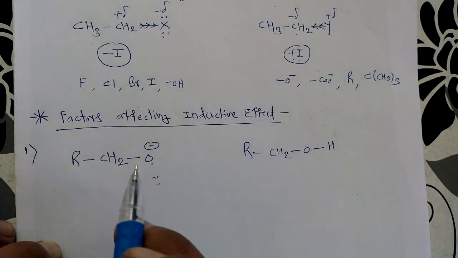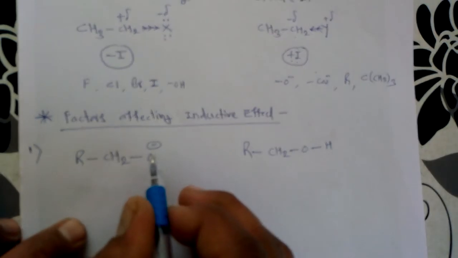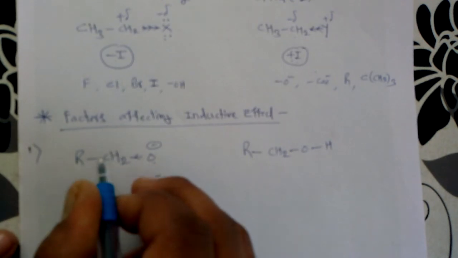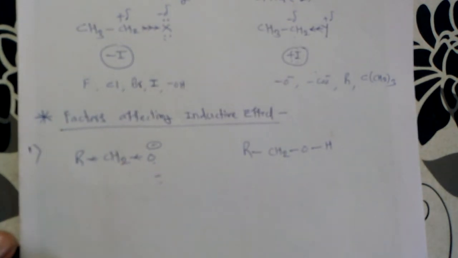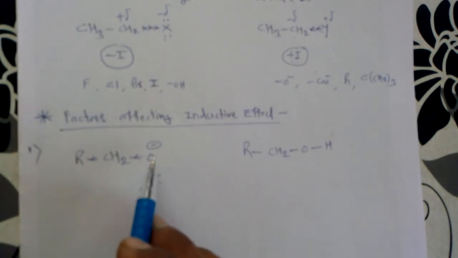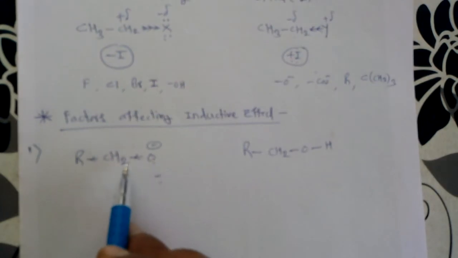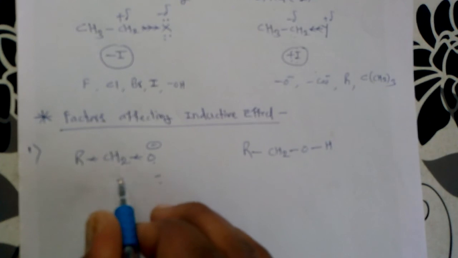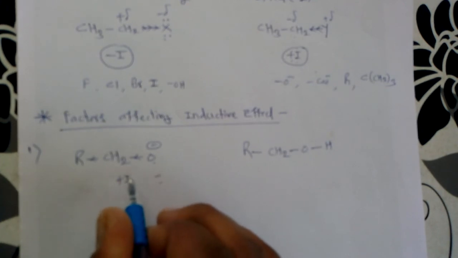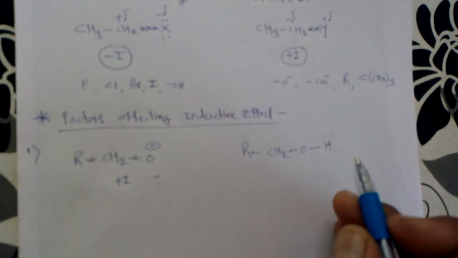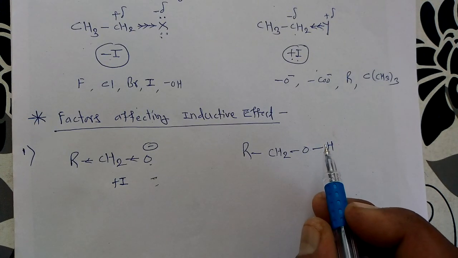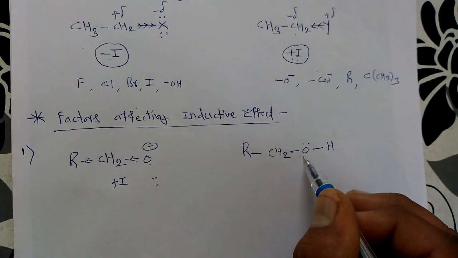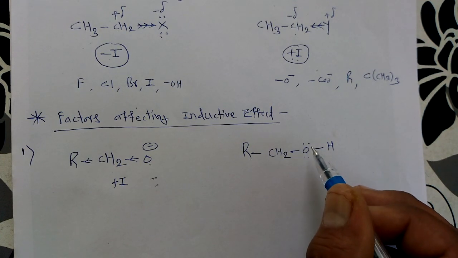Now what happens? Due to the negative charge on this oxygen, it donates its electron density toward the carbon atom. And we know that if the electron density is donated by this atom or group of atoms toward the carbon atom, then it has the plus I inductive effect. So it shows the plus I inductive effect. In the second case, this OH cannot have any negative charge.